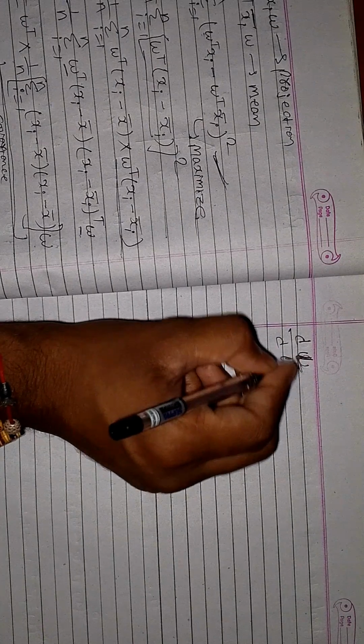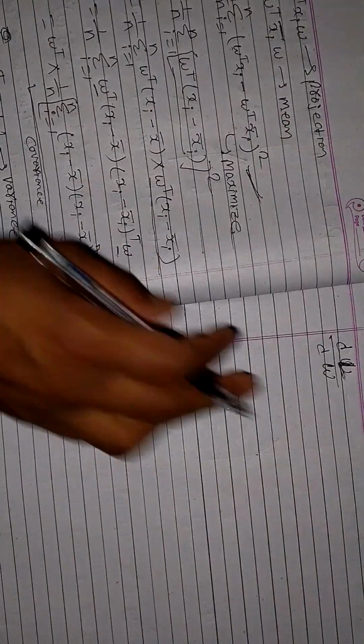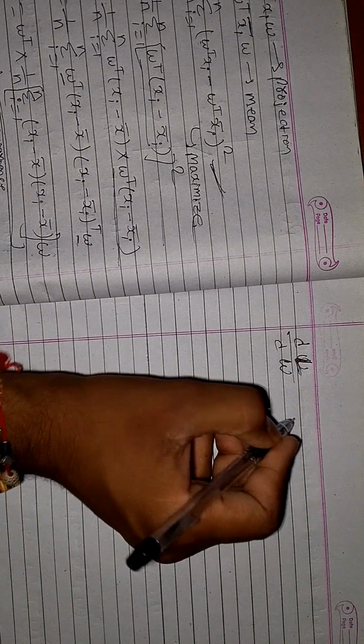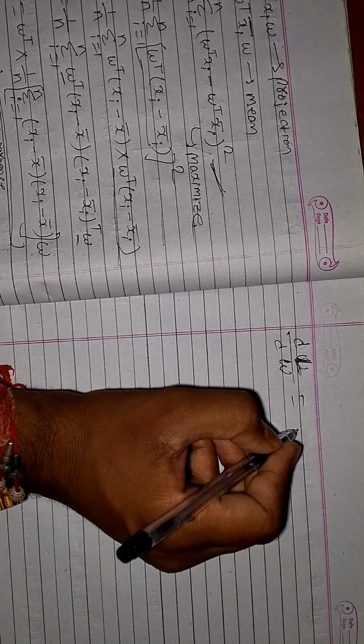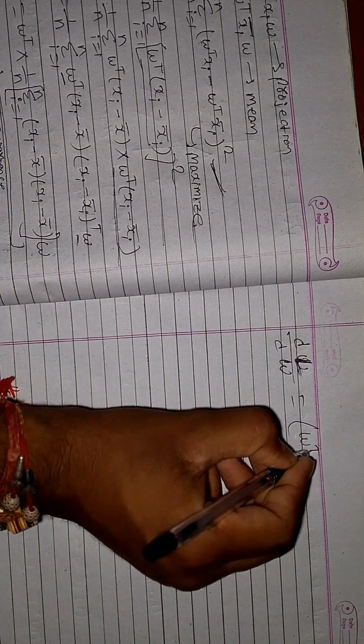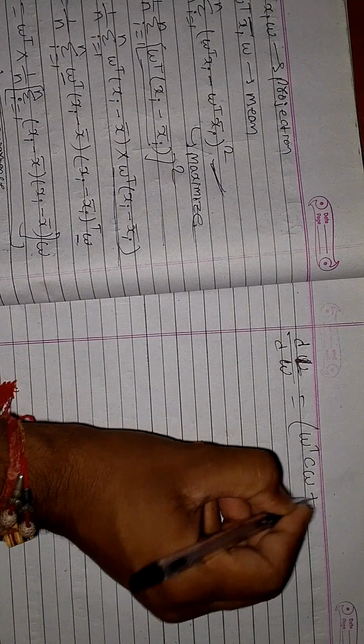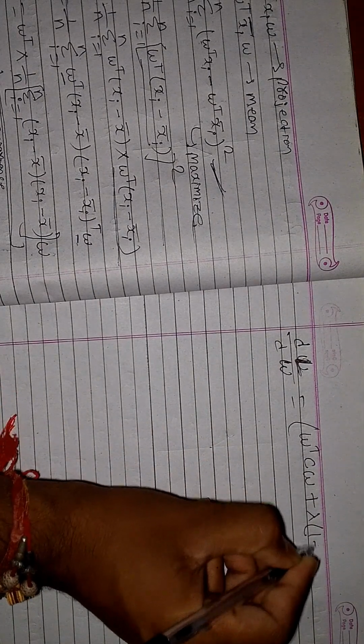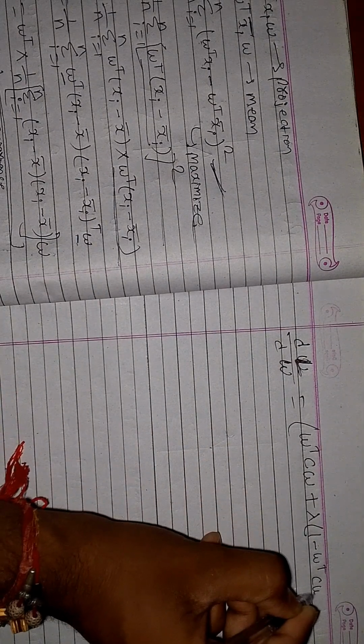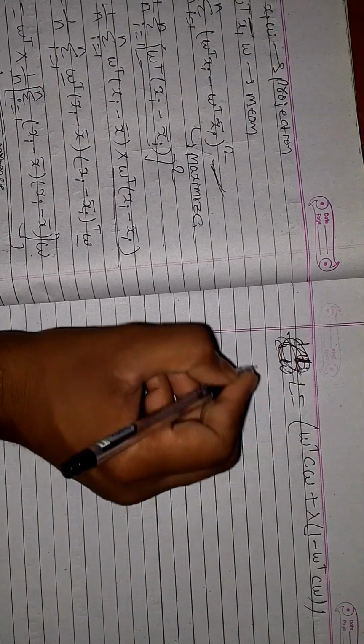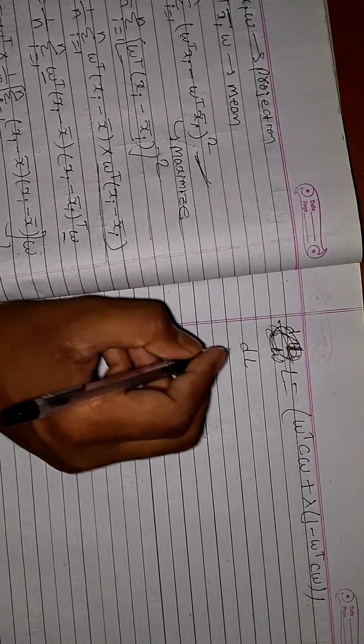So this is L, and dL by dW, we're going to take the derivative with respect to W of this. Let me write this whole thing again here, so that you can also take the derivative along with me. This is the Lagrange function, and we want to take the derivative dL by dW.